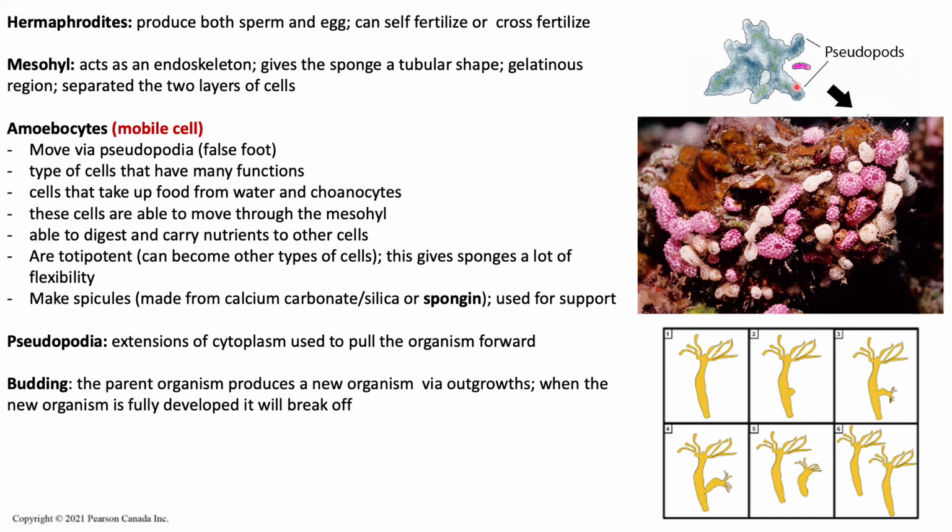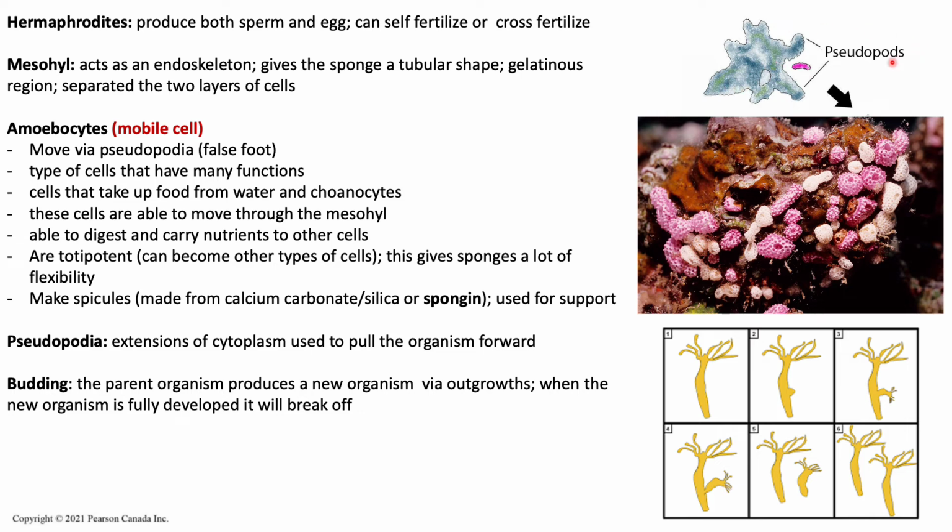And essentially what pseudopods are is just the cytoplasm moving around to create these projections, which not only allow the engulfing of food, but also allow that mobility. That is why amoebocytes are able to not only engulf food particles, but also move. It is because of these pseudopods, which is essentially just the distribution of cytoplasm poking out and helping that cell move forward.